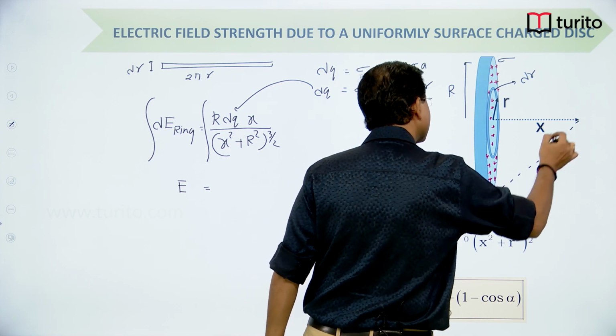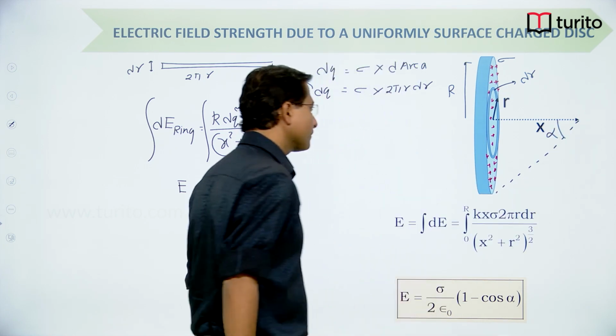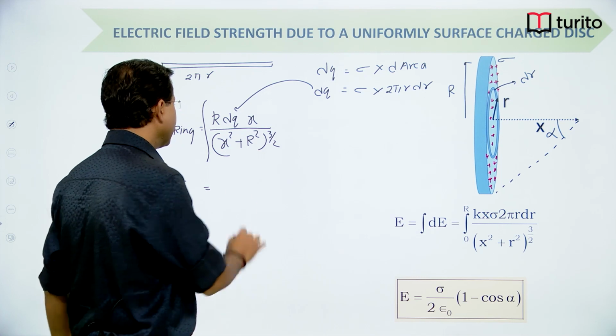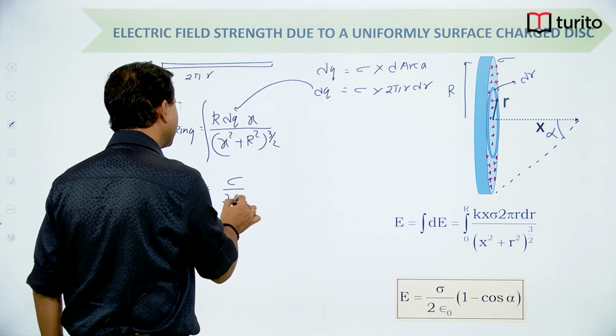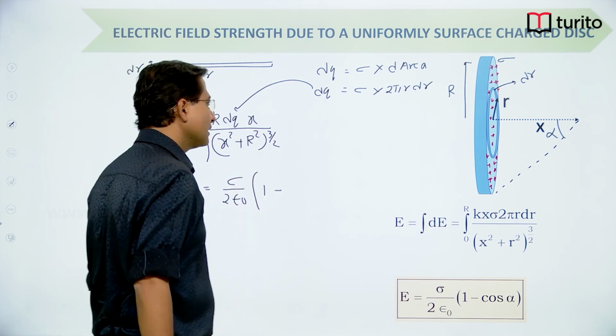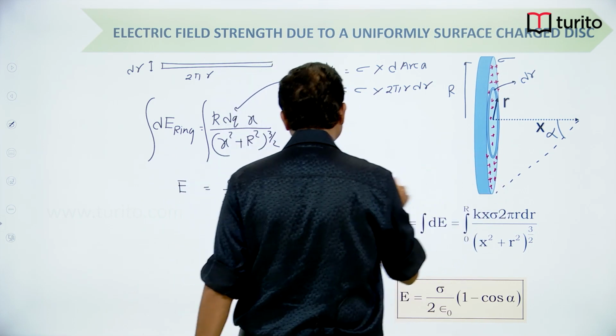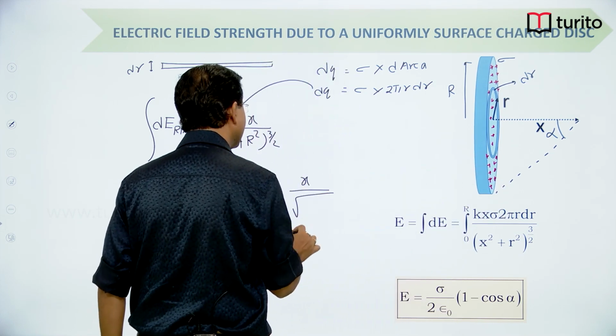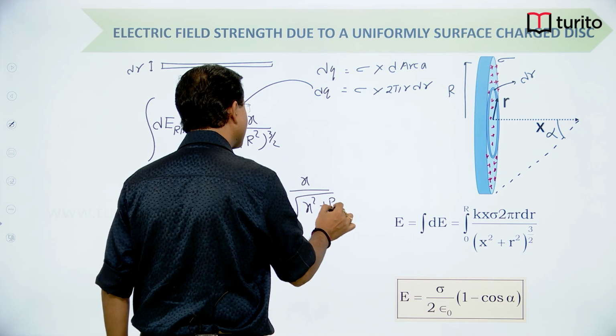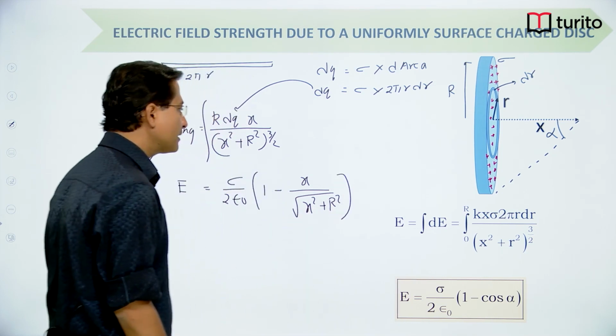Here, for this point, let this angle be alpha. So, you will get the expression sigma upon 2 epsilon naught times 1 minus x divided by under root x square plus r square, after integration upper limit minus lower limit.